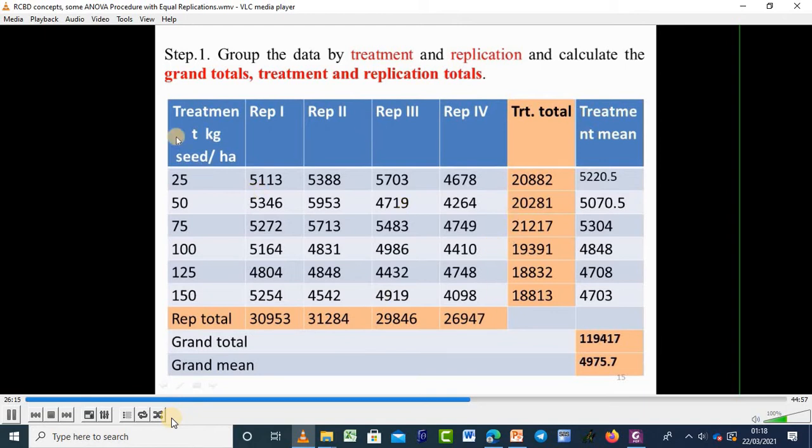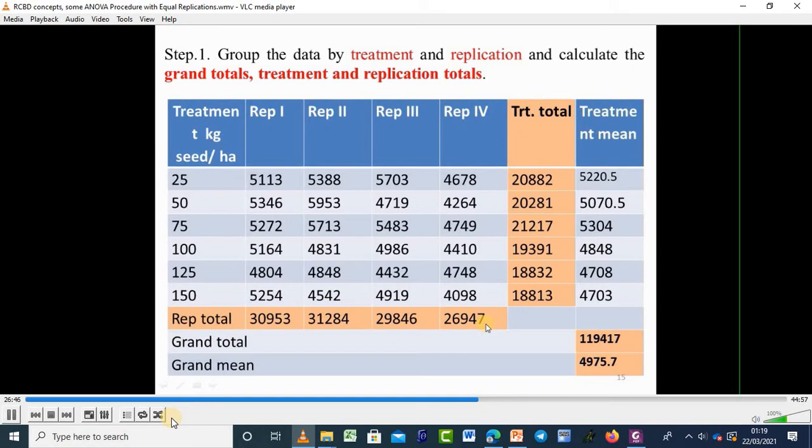We have the data here in the treatments, and the treatment total is calculated horizontally. This one is treatment 1 total, treatment 2 total, treatment 3 total, treatment 4 total, treatment 5 total, treatment 6 total. Here also are the replication 1 total, replication 2 total, replication 3 total, and replication 4 total.